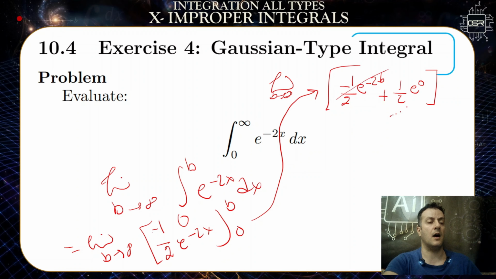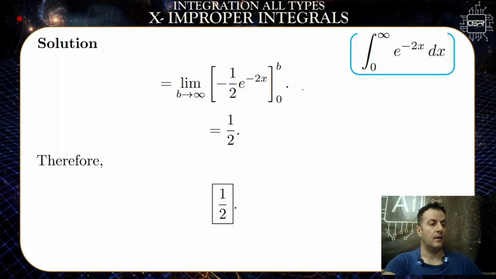Cancels all of that out. And e to the 0 is equal to 1 multiplied by 1 half. So it should be 1 over 2. And this is the final answer. Minus 1 half e to the minus 2x between b and 0 equals 1 half.